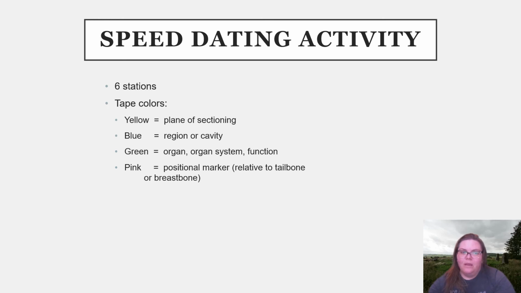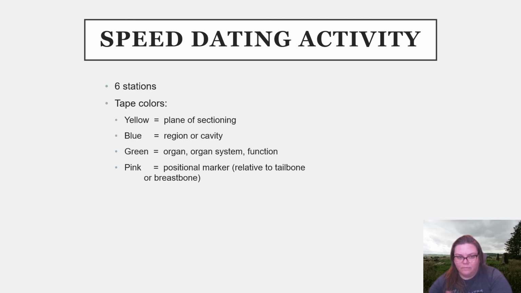So, your next task is to do the speed dating activity. There are 6 virtual stations, and the tape colors are: yellow for the plane of sectioning, that's sagittal, frontal, or transverse. Blue is the region or cavity.